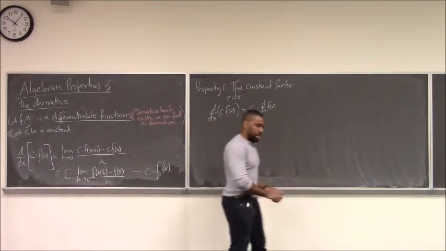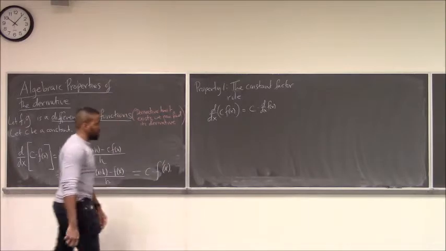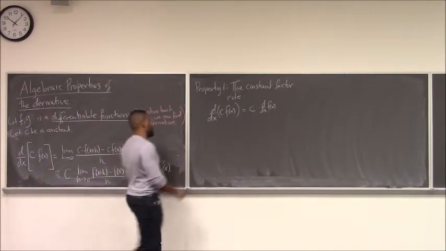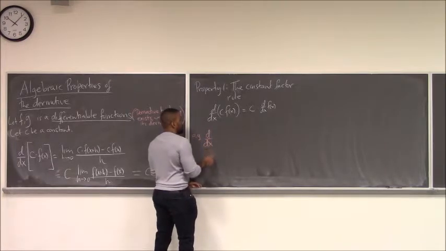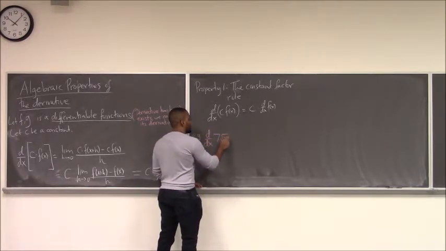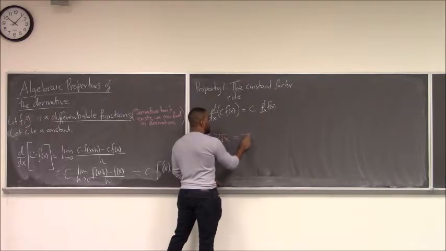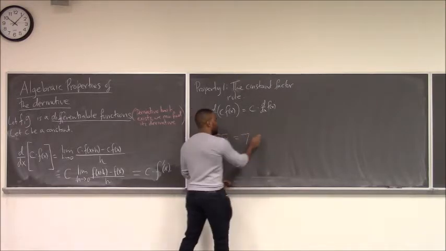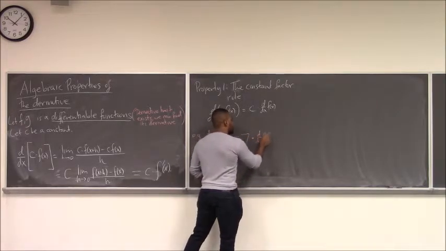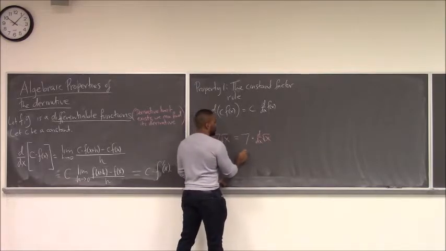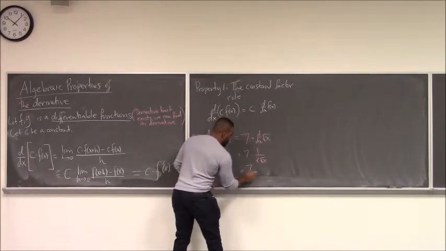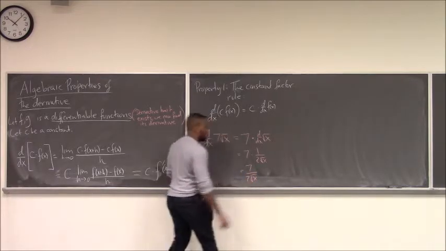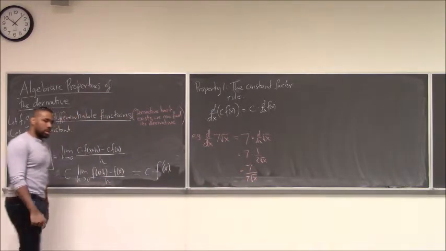So it turns out that that thing with c times x is actually very similar to what will happen in general. For example, if I wanted to find the derivative of 7 radical x, that's just going to be 7 times the derivative of radical x, which is going to be 7 times 1 over 2 radical x, so that's 7 over 2 radical x. So multiplying by a constant is not going to change things that much.